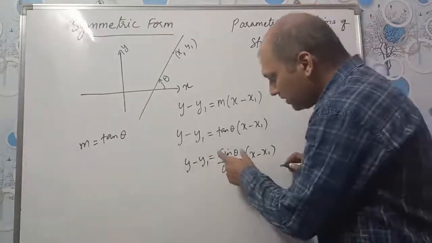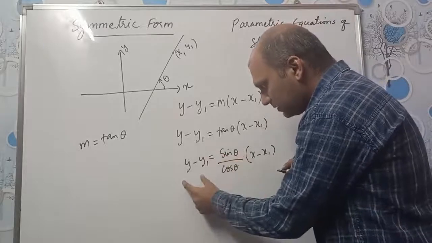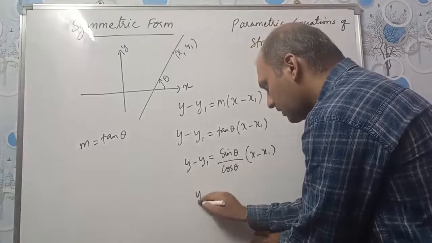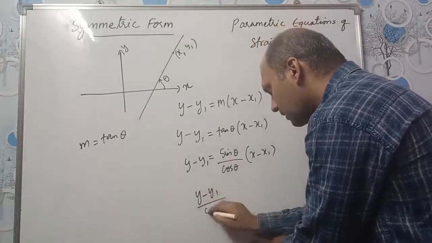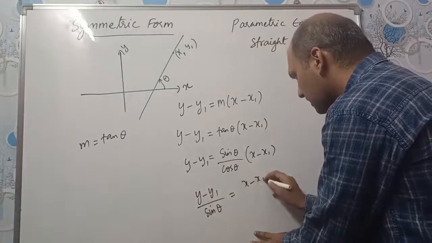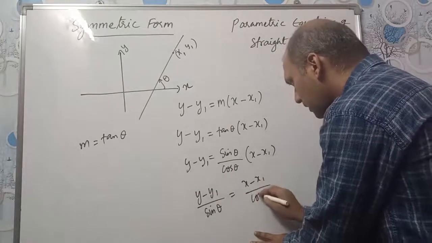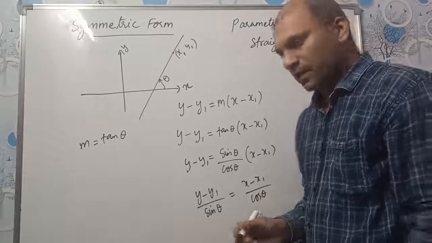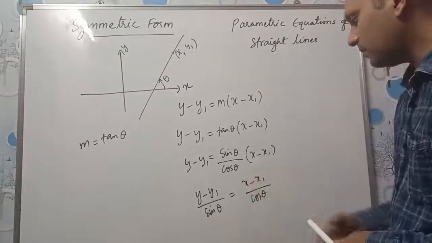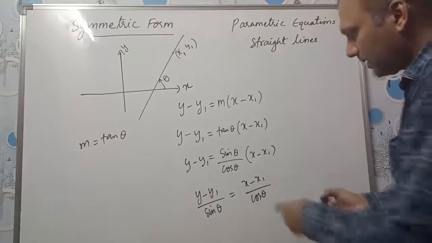If you cross multiply, sine goes to the denominator, and cos comes to the denominator on the other side. So this is y minus y1 divided by sine theta is equal to x minus x1 divided by cos theta. This is the symmetric form of a straight line.